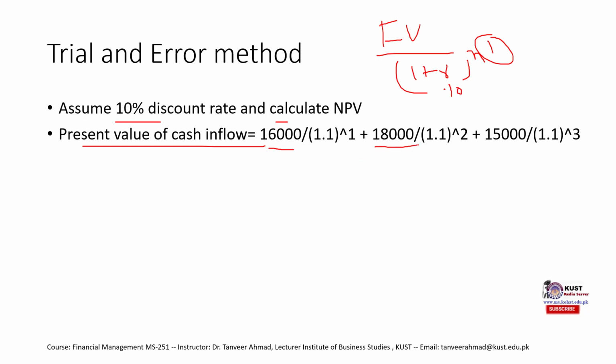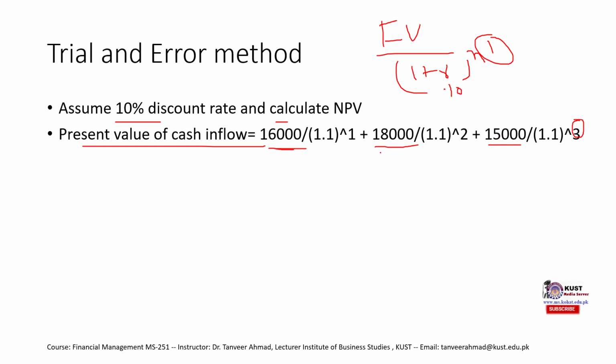The second cash flow is 18,000 divided by again 1.1 raised to power 2, because the second cash flow, which is 18,000, we would receive at the end of 2 years, plus the third cash flow, which is 15,000 divided by 1 plus R raised to power 3. Why 3? Because we are going to receive this 15,000 at the end of 3 years.